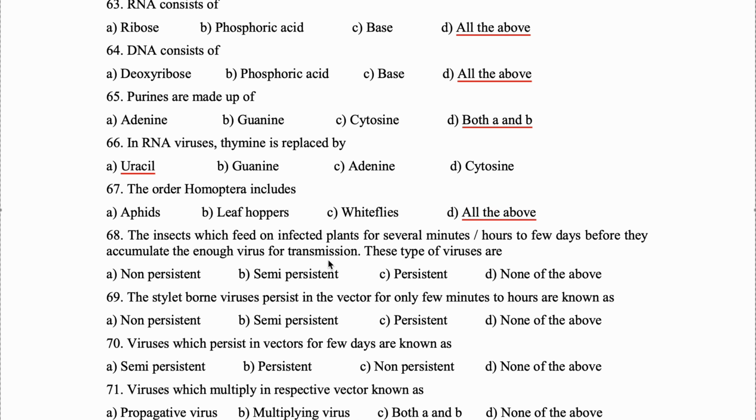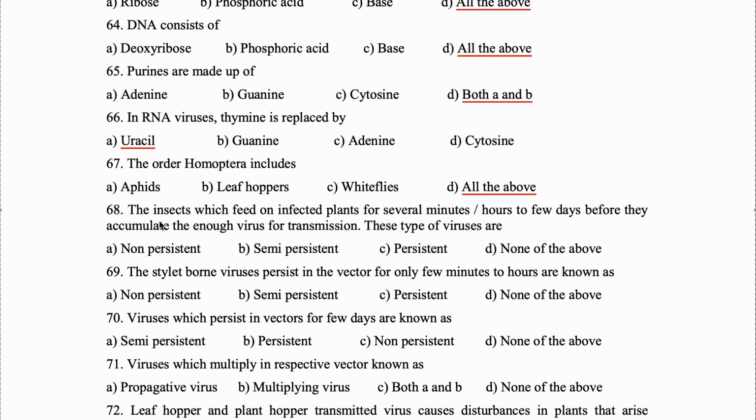All are correct. 68. The insects which feed on infected plants for several minutes to hours to a few days before they accumulate enough virus for transmission. This type of virus is called semi-persistent. Why? Because they have asked for several minutes to hours.